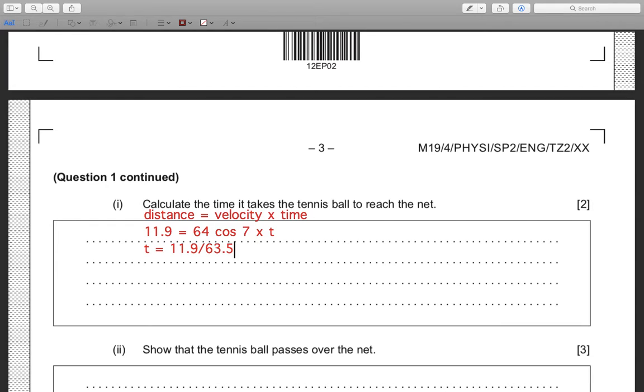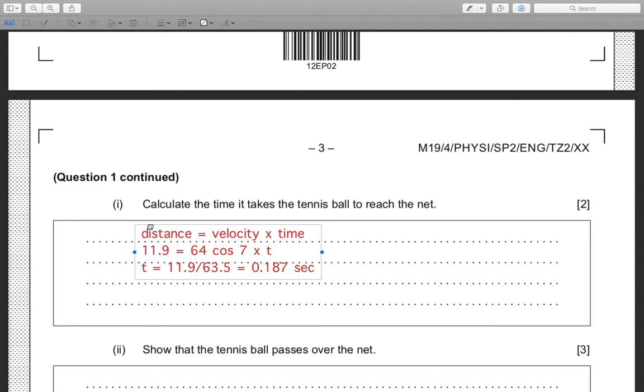So the answer is 11.9 divided by 63.5, which is 0.187 second. Yes, this is the time it takes to reach the net.